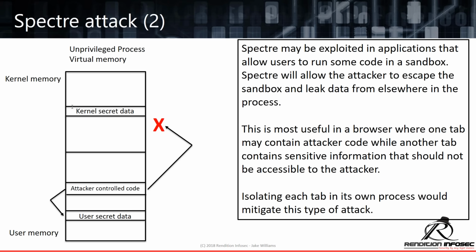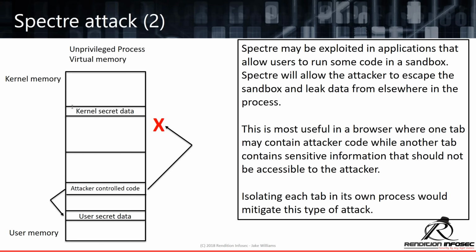So we're all familiar with the whole same origin policy. That's what stops one tab in a browser from accessing data in another tab. Maybe one tab contains attacker code, another tab contains sensitive information that shouldn't be accessible to the attacker, but bam, what do you know, it is.